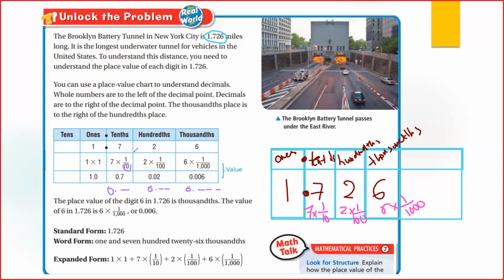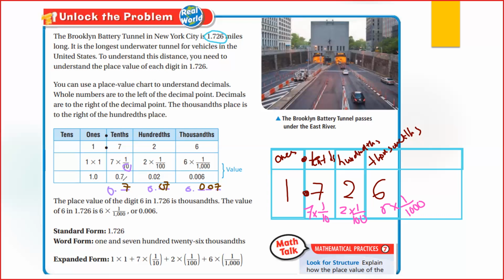Then I have 7, so I will start writing from the right. Then the empty digits, I have to add 0. So now I can present the value of the number by saying 7/10 or 7 times 1/10 or 0.7.